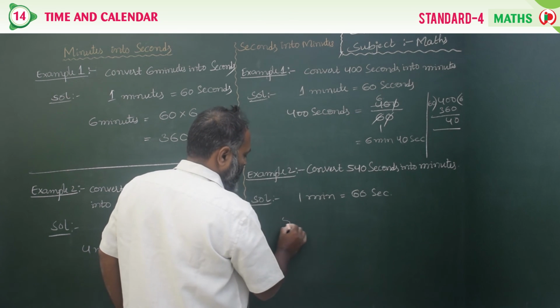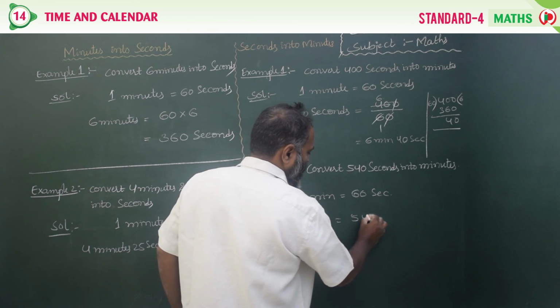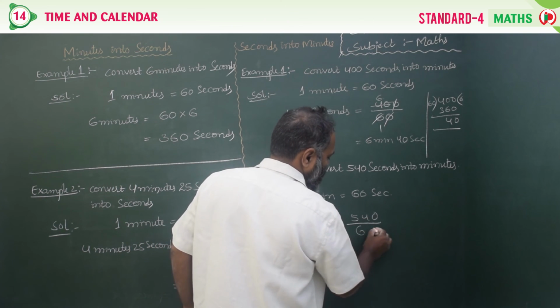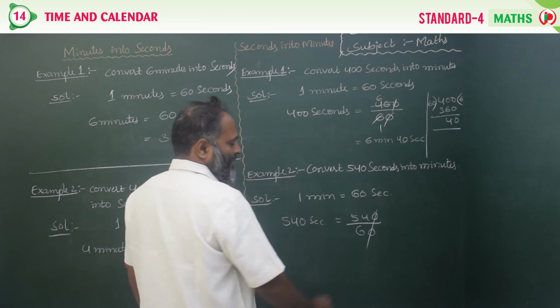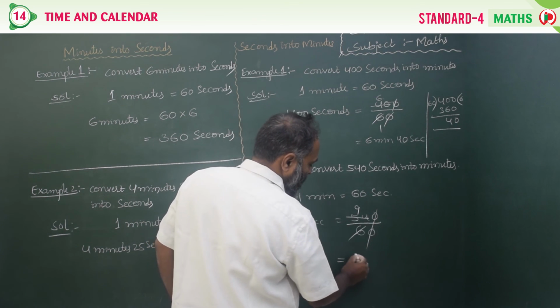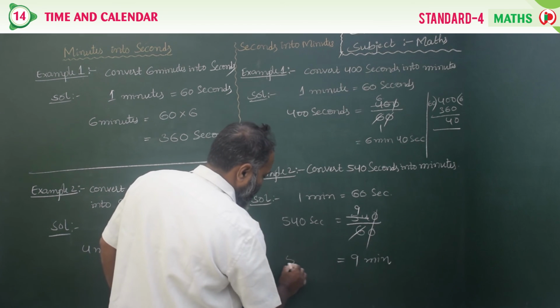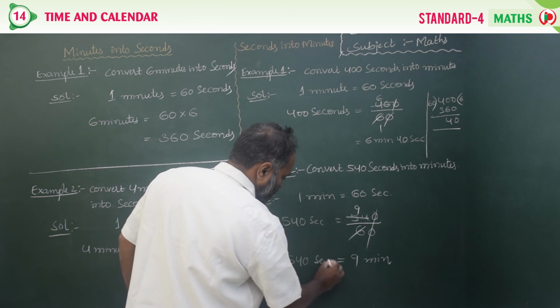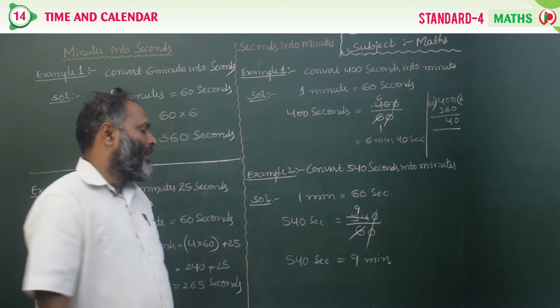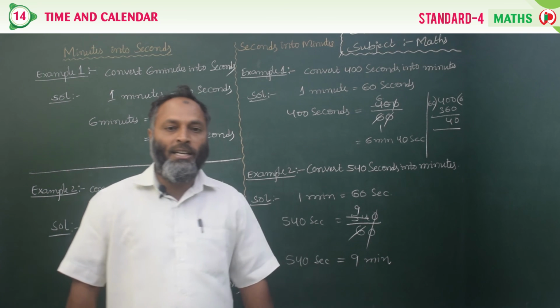Then 540 seconds means 540 by 60. The zeros get cancelled. 6 ones are 6, 6 nines are 54. Then 9 minutes. There is no remainder, nothing is left. That is exactly 9 minutes. 9 minutes makes 540 seconds. Okay.